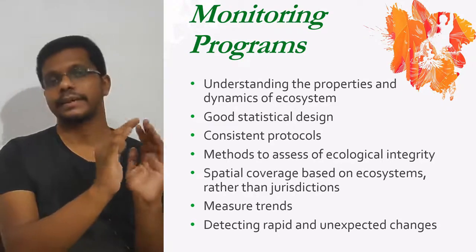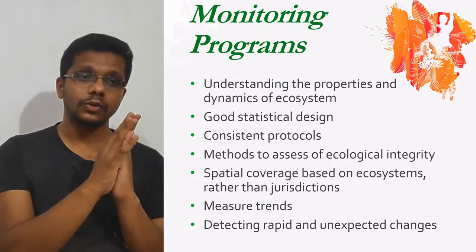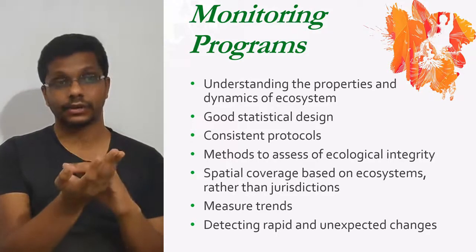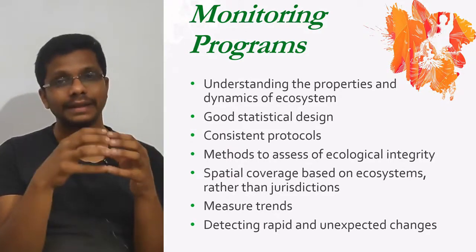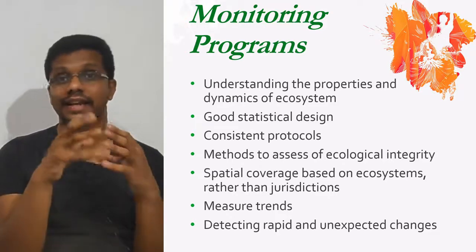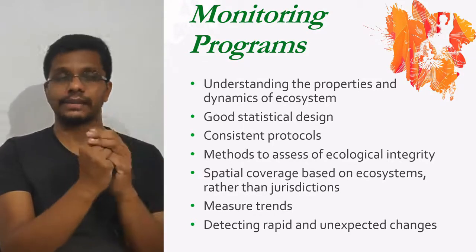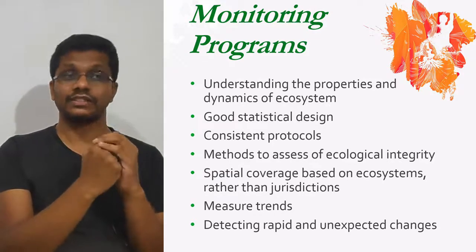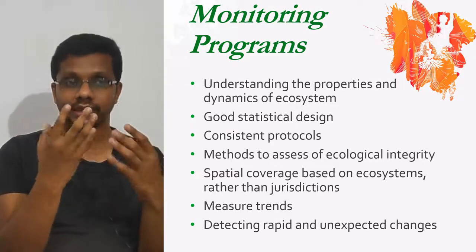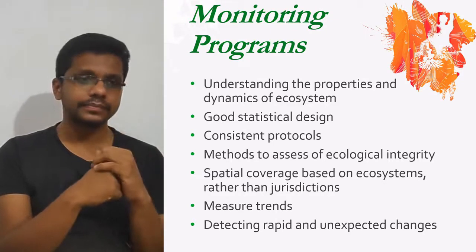We can maybe study an indicator organism or a keystone species. Whatever method we are using, this method should be able to give a good idea about the properties and dynamics of the ecosystem. So it should be a good representation of the ecosystem dynamics. That's the first requirement of monitoring programs. It should be capable of giving a good measurement of properties and dynamics of ecosystem.